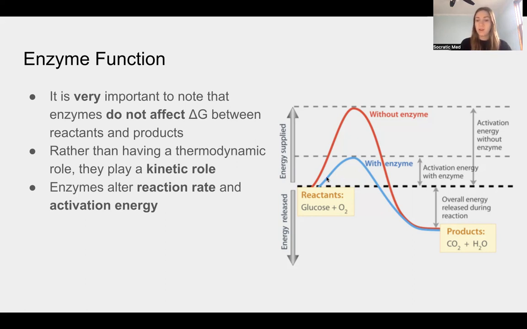As you can see on the graph here, this thick dotted line shows the overall energy release. And as you can see, the blue line with an enzyme and the red without, they both have the same overall energy release. Just the blue line will have a lower activation energy compared to the reaction without the enzyme.